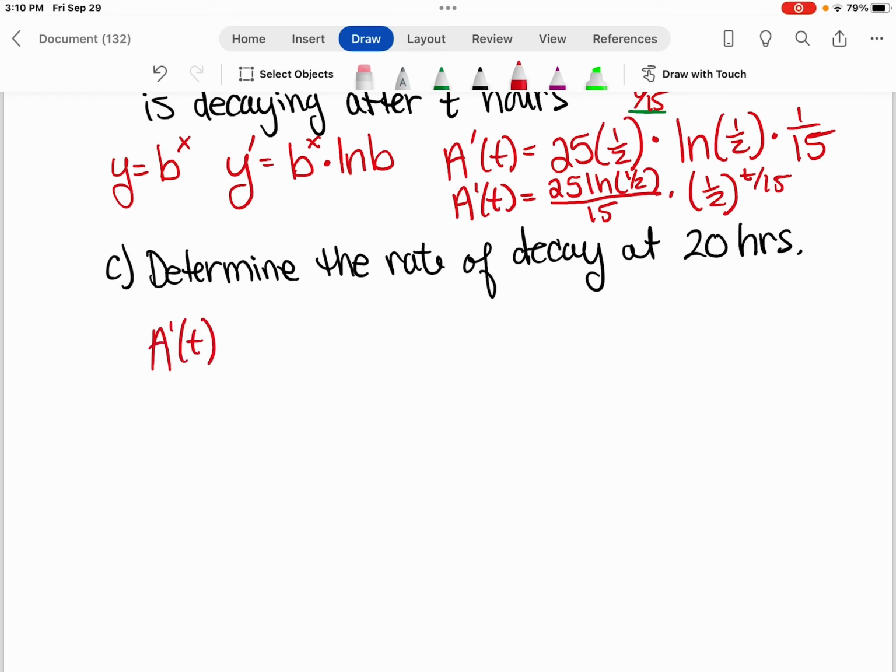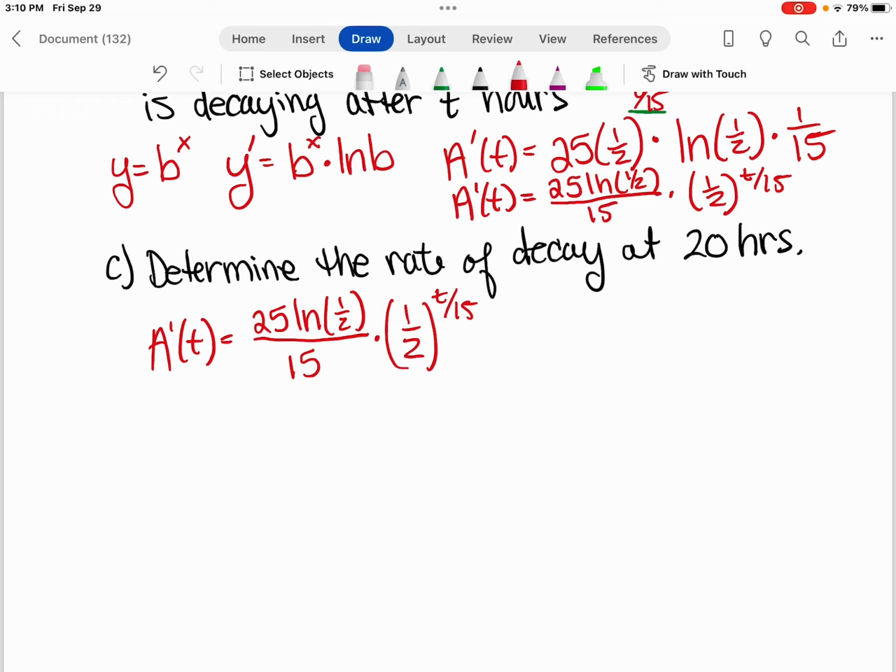Here's our derivative. I have 25 natural log of 1/2 all over 15 times 1/2 to the power of T over 15. This question says determine the rate of decay at 20 hours.